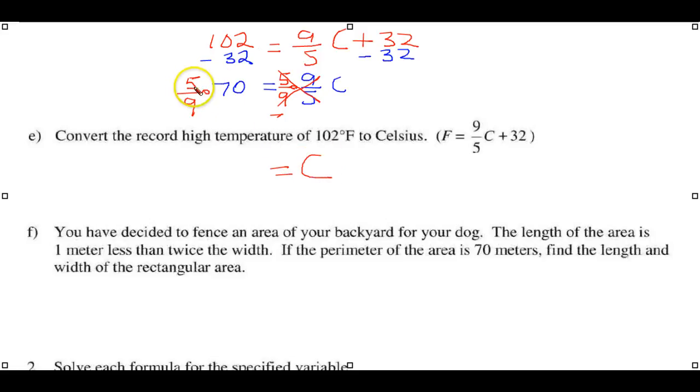Now I multiply 5 times 70 in my calculator, and then divide it by 9. And I get 38.8, and the 8's repeat. So they're asked in the example to round to the nearest tenth, a single decimal point.